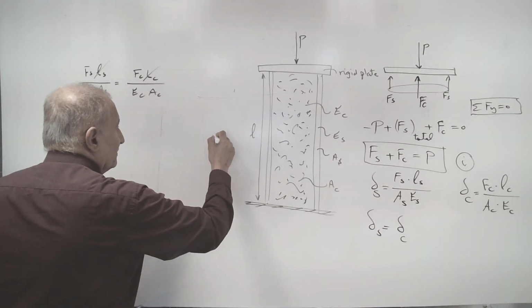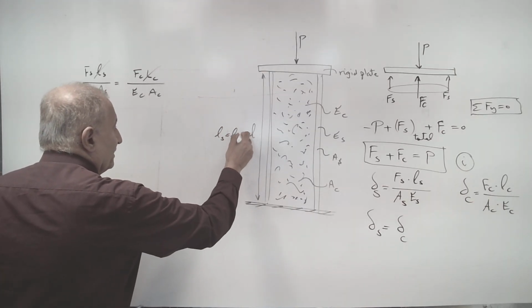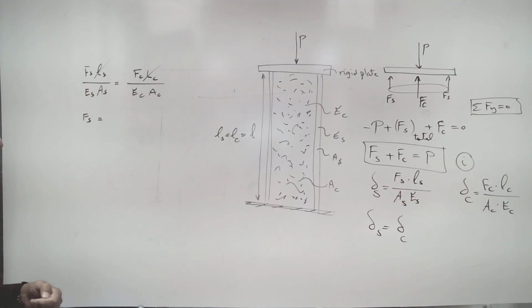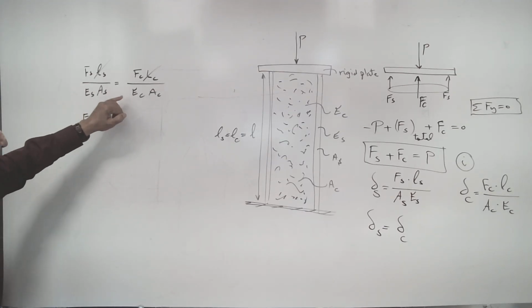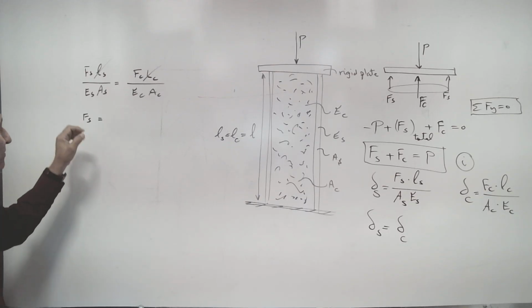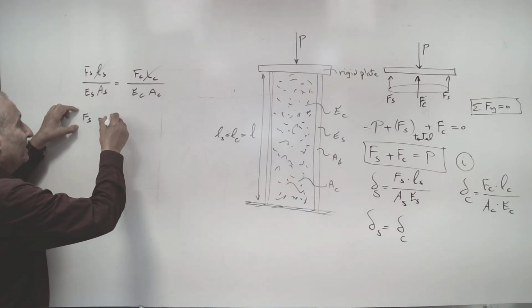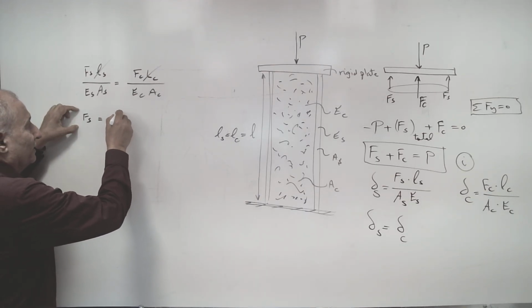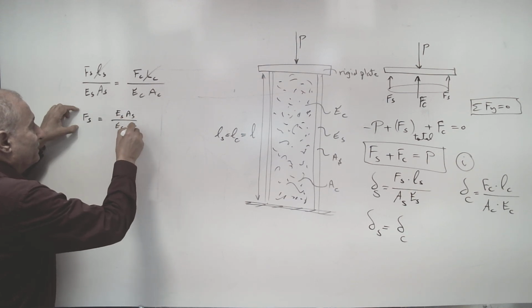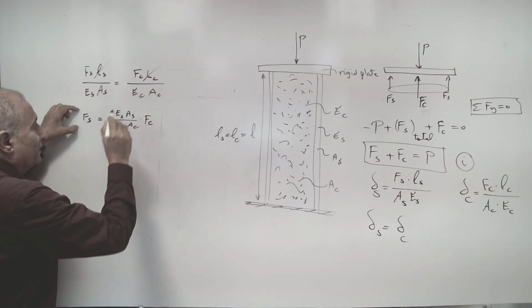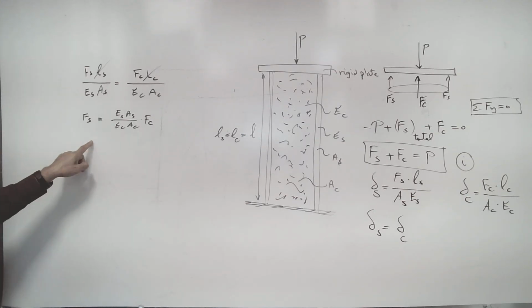They are equal to L, and you can cancel them out. But you have values of E_S, E_C, A_S, A_C, so you can write here that F_S equals E_S A_S divided by E_C A_C times F_C. This is the relation that you can find.